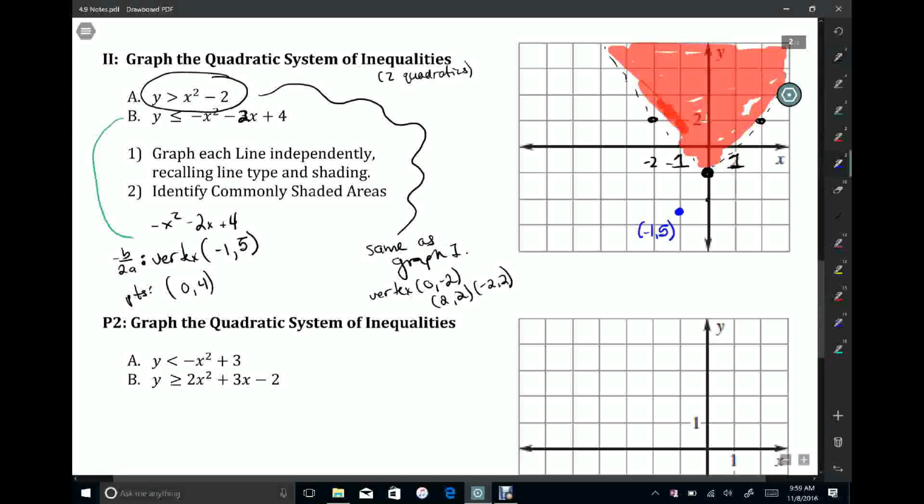And we have the point 0, comma 4, so over 0, up 4. And knowing that graphs are always symmetric, we can simply plot this point here. So in blue now, I'm going to have a solid line because of the equal to.